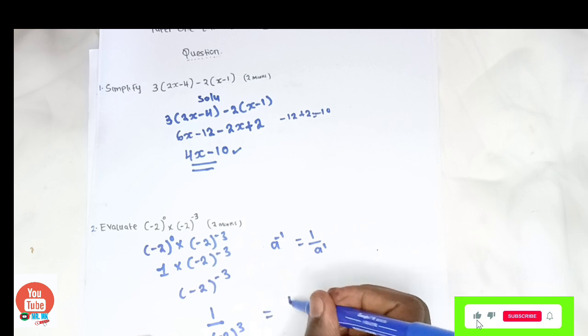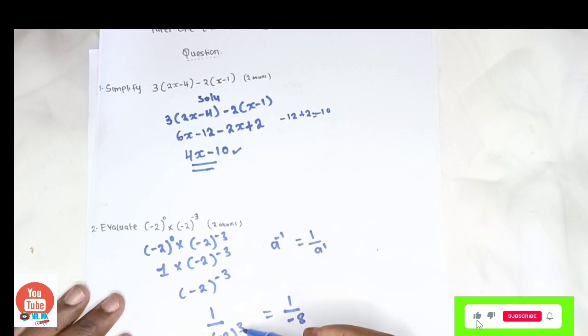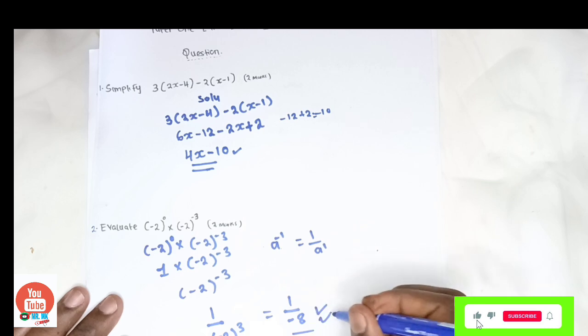So the answer is 1 over negative 8, because 2 cubed gives you 8. That is your final answer.